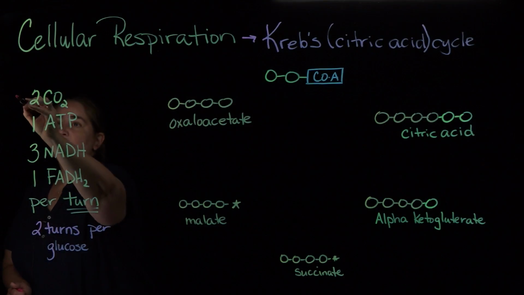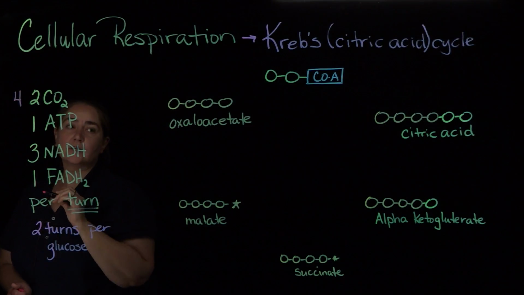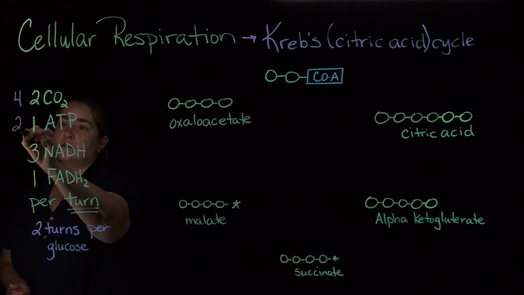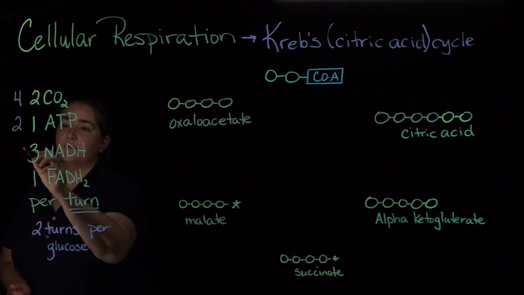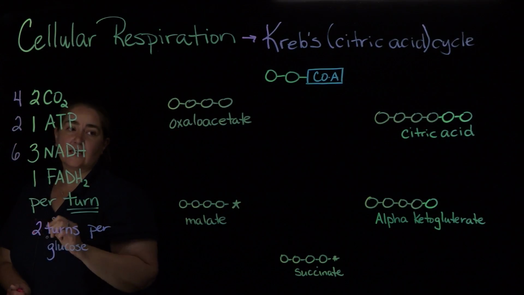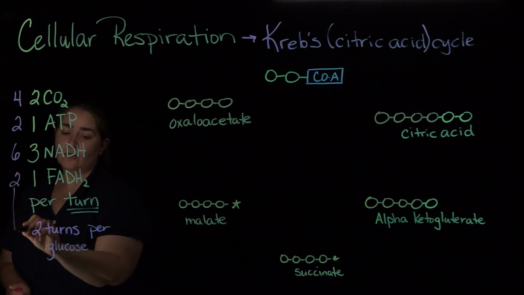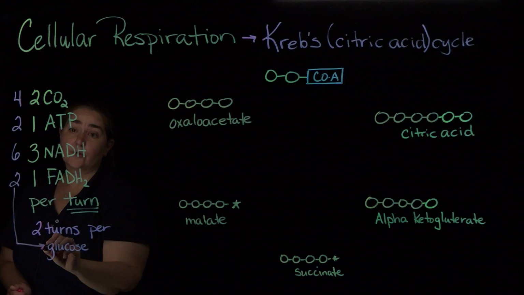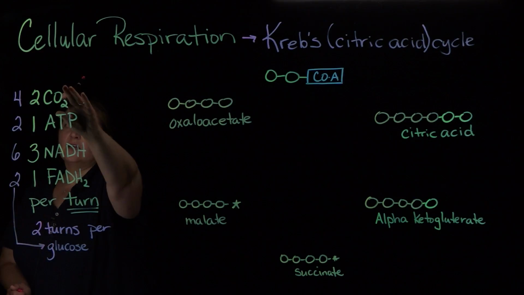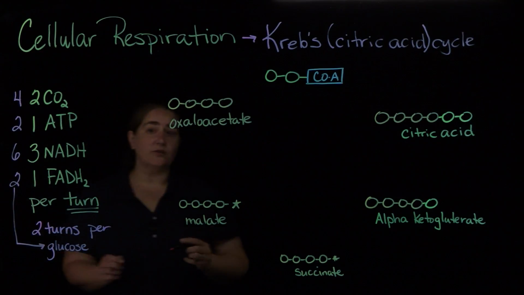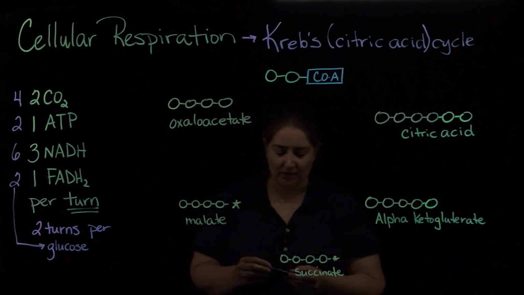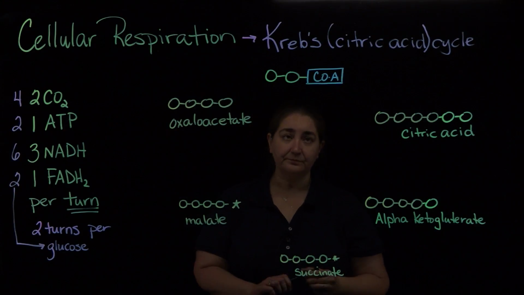So we would end up with a total of 4 carbon dioxide, 2 ATP, 6 NADH, and 2 FADH per glucose, okay? The ones in yellowish green here, this is per turn of the citric acid cycle, okay?